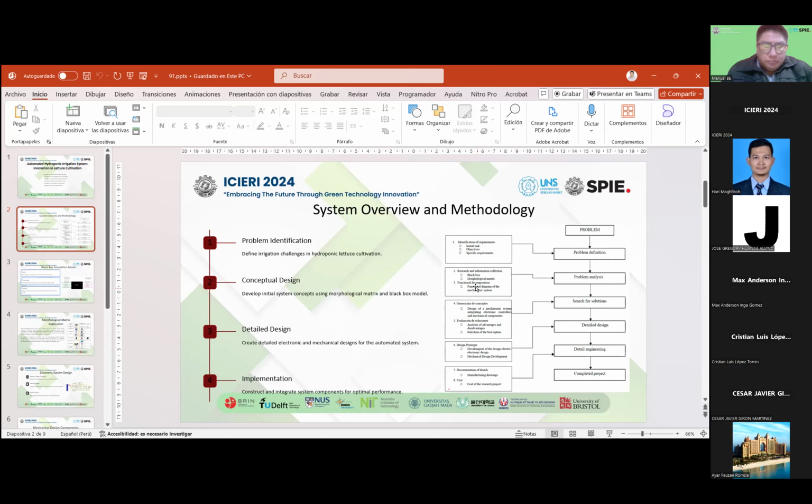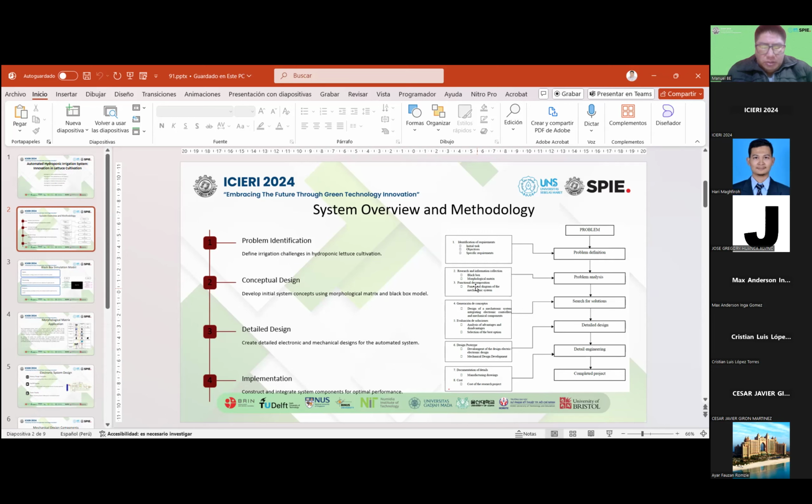careful control. This project focuses on the design of an automated hydroponic irrigation system that optimizes water and nutrient management, promoting healthy plant growth. To achieve this, advanced technologies will be employed, including sensor control systems and precise distribution mechanisms, such as drip irrigation.